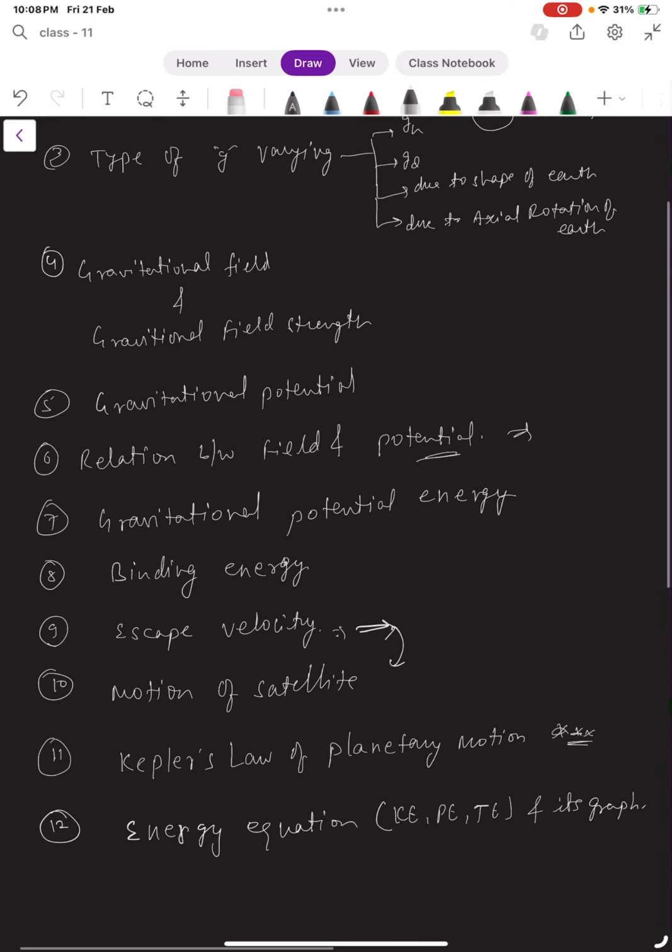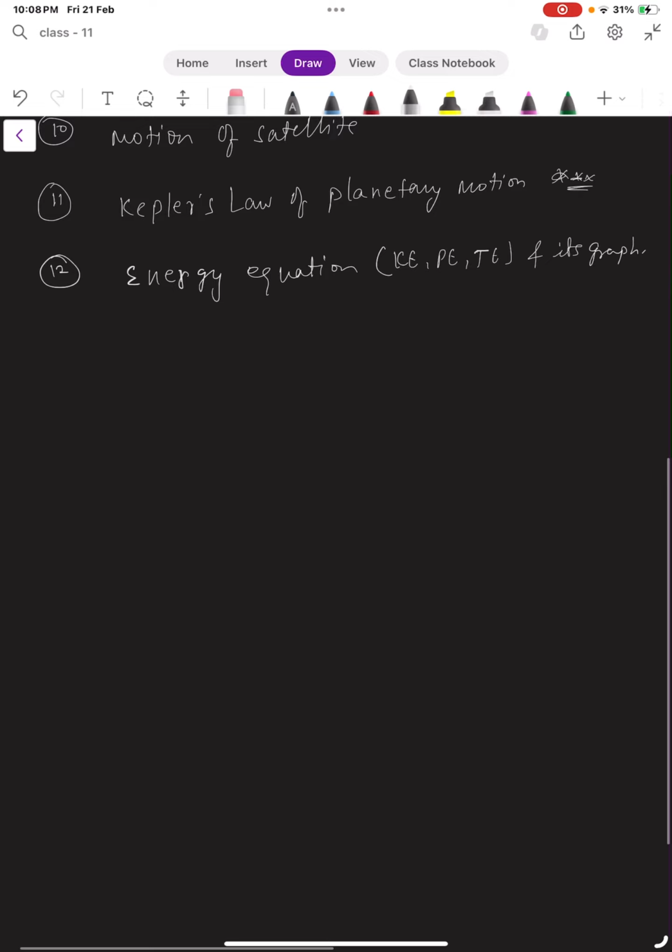And the 12th topic is energy equation, that is kinetic energy, potential energy, and total energy, and its graph. According to the JEE syllabus and NEET syllabus, this topic is most important.